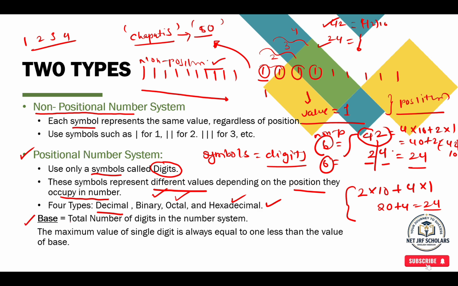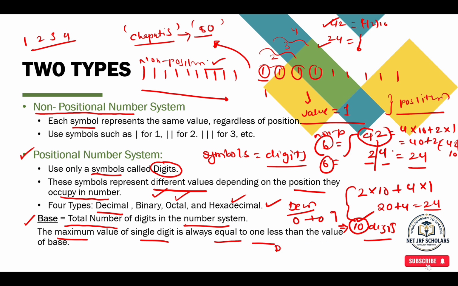The base is the total number of digits in the number system. In the decimal number system, we have digits from 0 to 9, a total of 10 digits. So the base value for the decimal number system is 10. The maximum value of a single digit is always equal to 1 less than the value of the base.